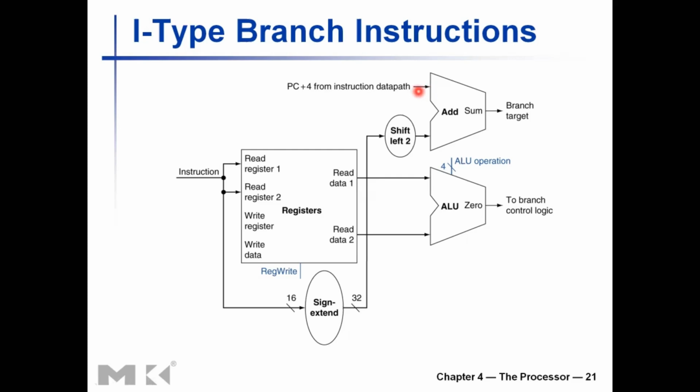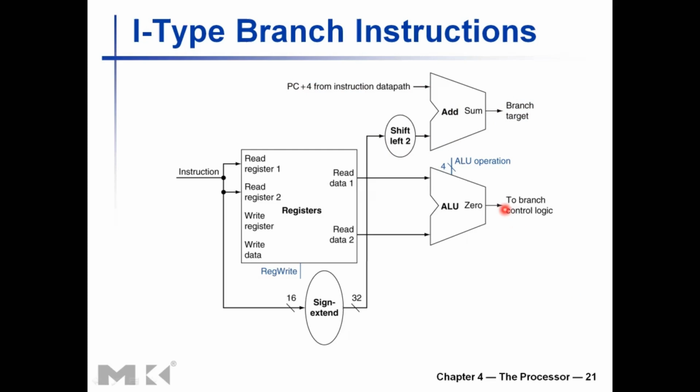So you are referring to words but using a byte address. So you add these two together, add the offset into the usual next instruction in order to compute the branch target. The usual next instruction was PC plus 4. Now you are adding an offset into it to go to a different branch target. So that is the extra functionality you need to implement the branch instruction.